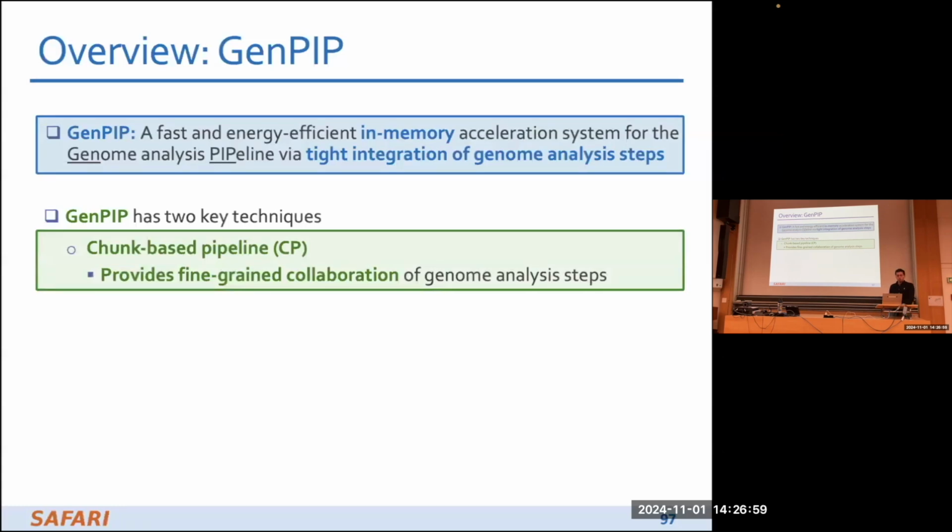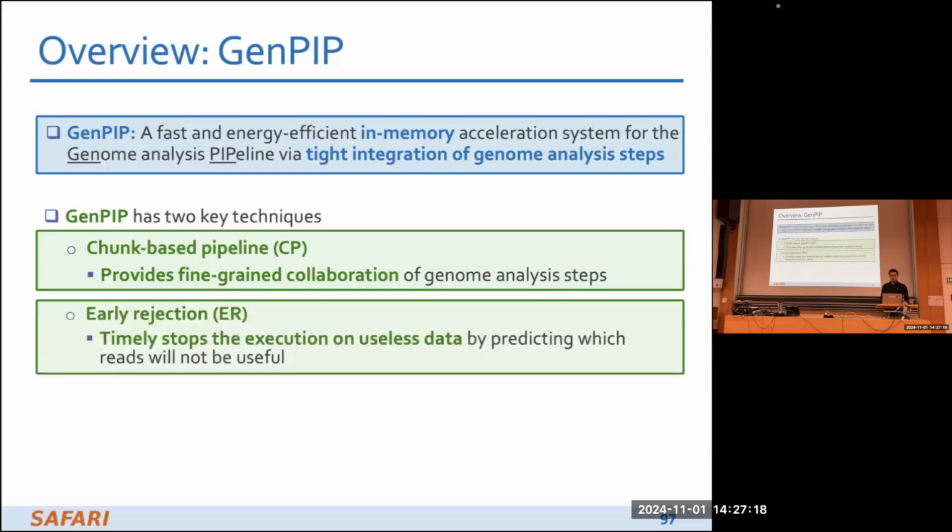For that, we have two key techniques. One, chunk-based pipeline. We don't fully convert the raw electrical signal to its base-called version and then analyze it. What we do is we go chunk by chunk. We only base call a small portion of it and then analyze it. Then, if necessary, we continue with the next chunk.